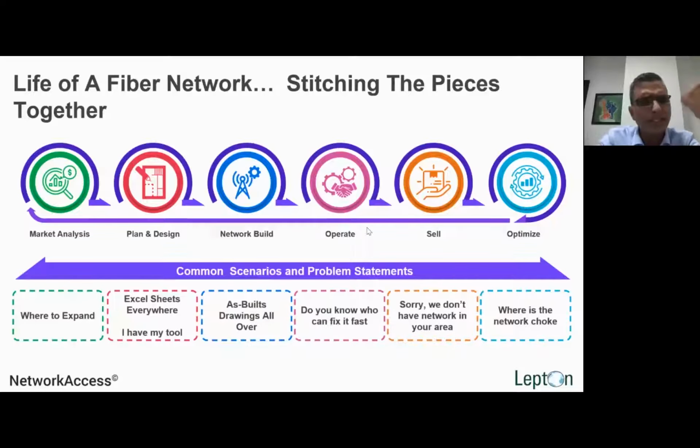Very first, the market analysis. And the question is, where to expand? Now, in the course of 2 years or so, I would say there's a whole array of data sources that have been made available to us. There are demographic data, there are network data, there is social media, there are maps. So a lot of static and dynamic data is being made available now.